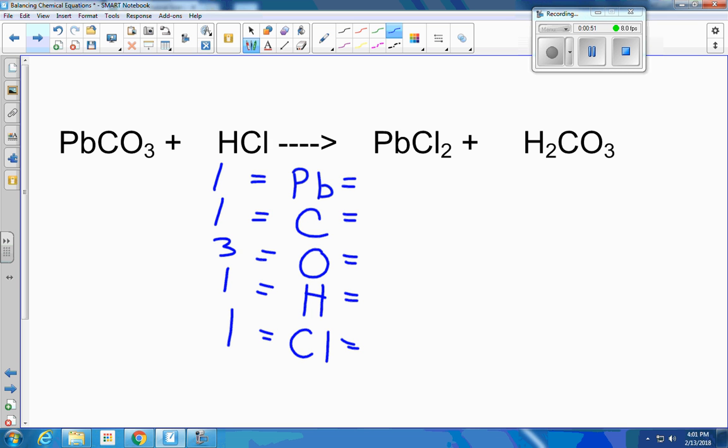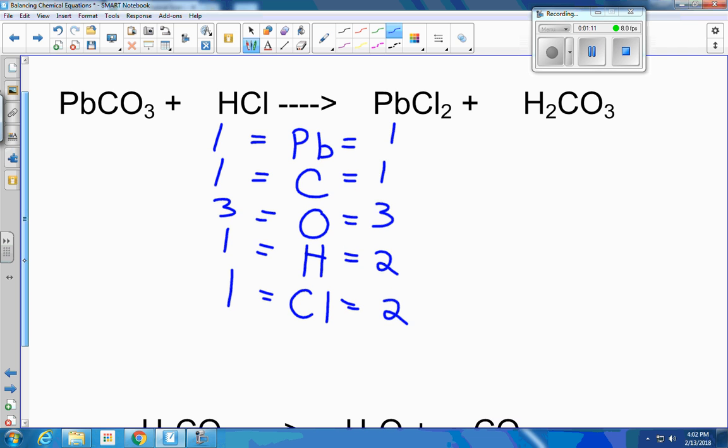On the product side, 1 lead, 2 chlorine, 2 hydrogen, 1 carbon, and 3 oxygen. Now, if we take a look at this problem, oxygen is already balanced. So, if we follow rule number 2, now we'll go to hydrogen.